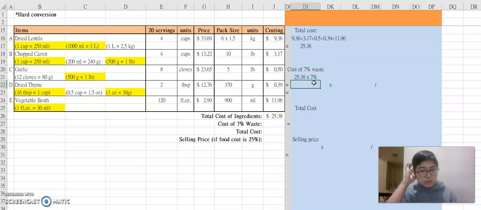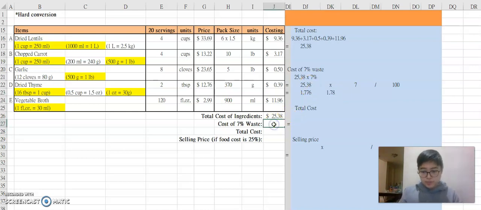For the 7% waste, it equals 25.38 times 7 divided by 100. And the answer is 1.776, and this is equal to 1.78.